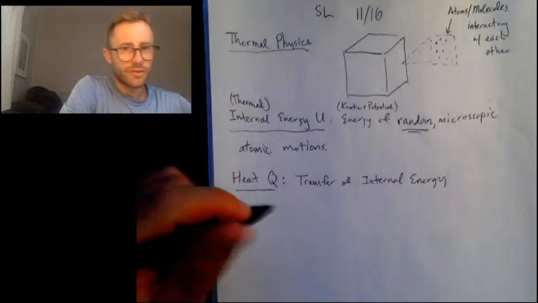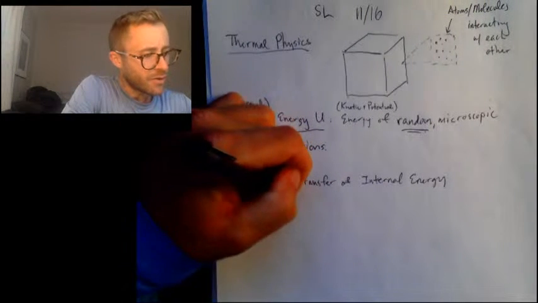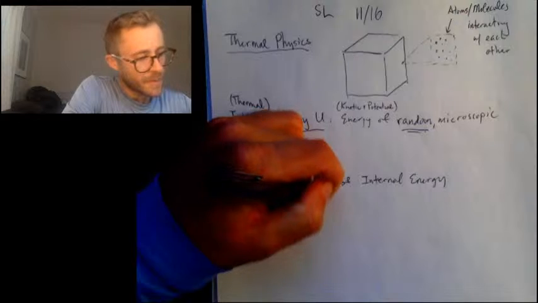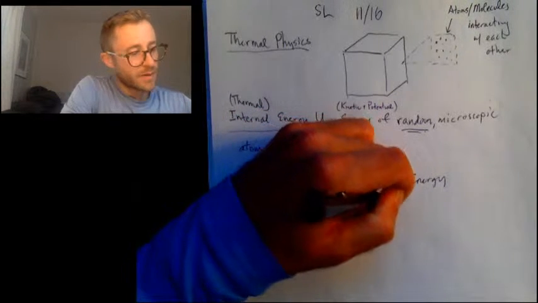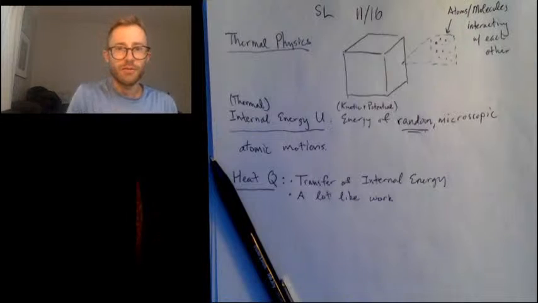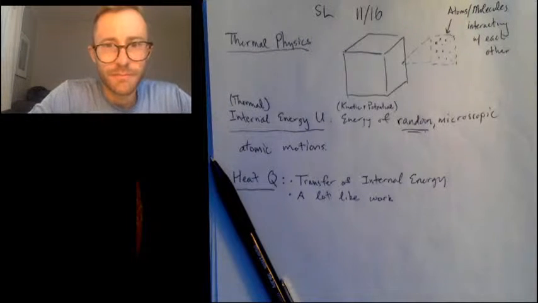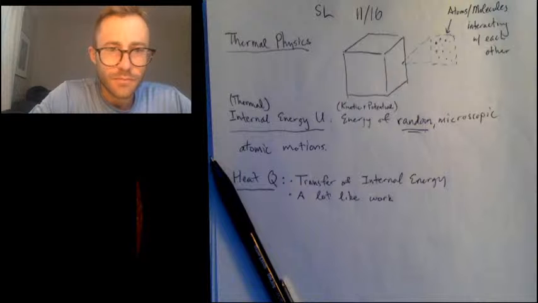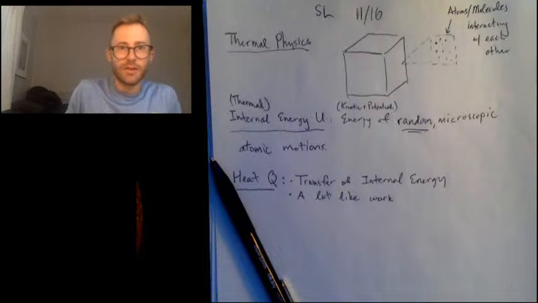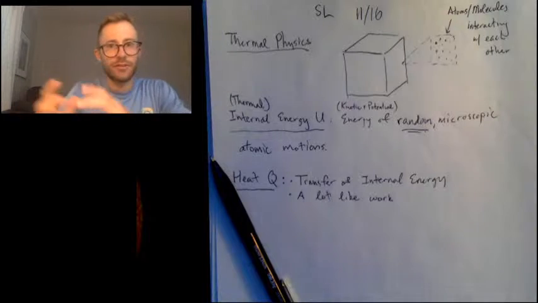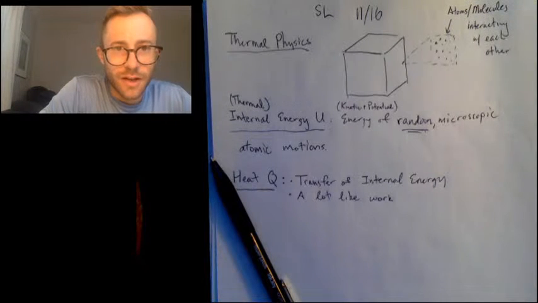So you could think about heat as a lot like work. Work is a transfer of mechanical energy. Adding to the kinetic energy or the gravitational potential or the elastic potential energy, that is work.